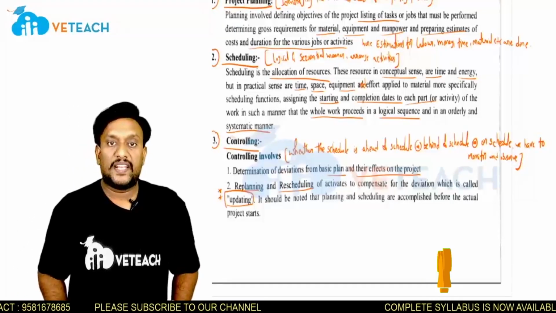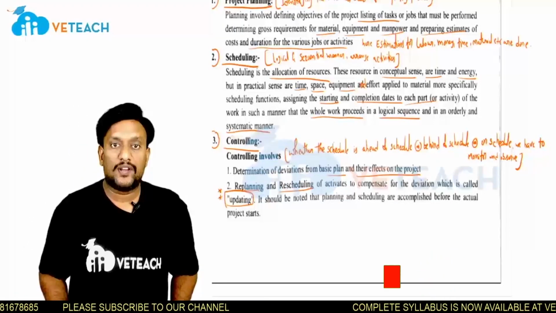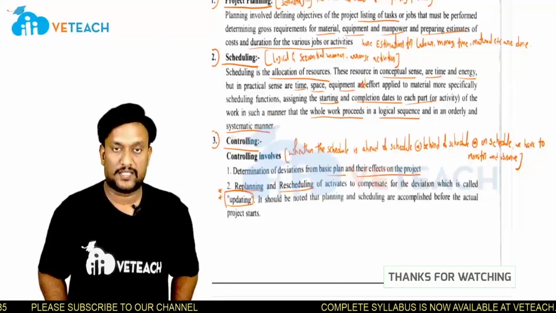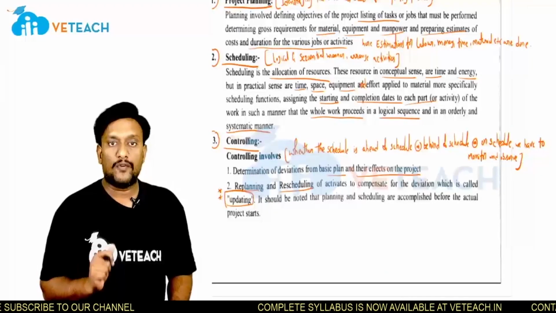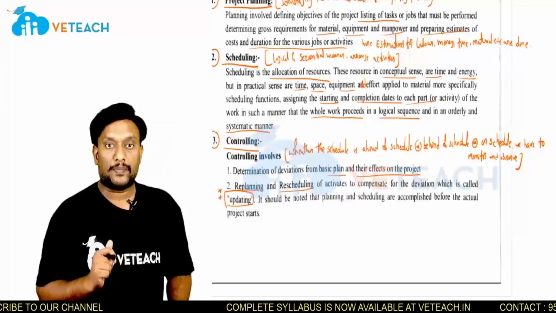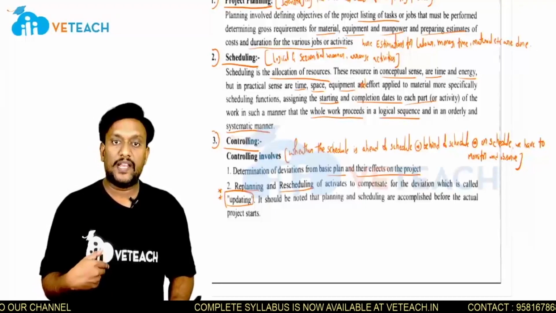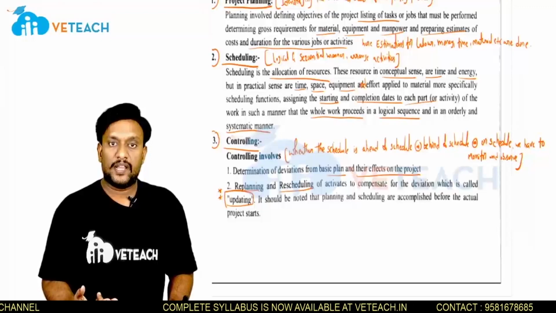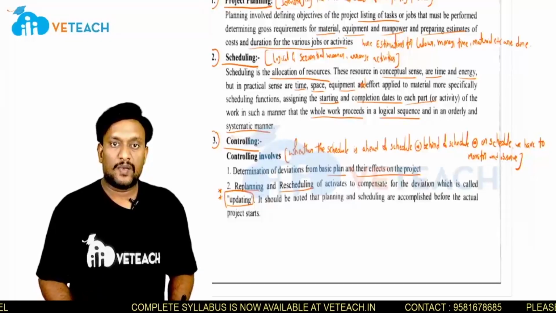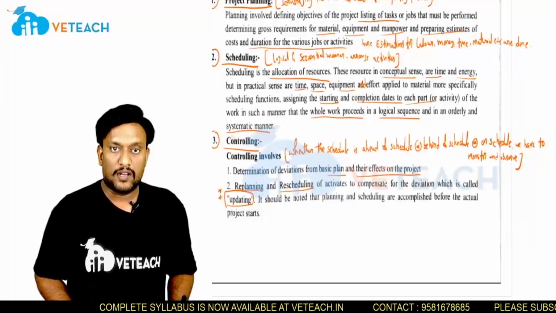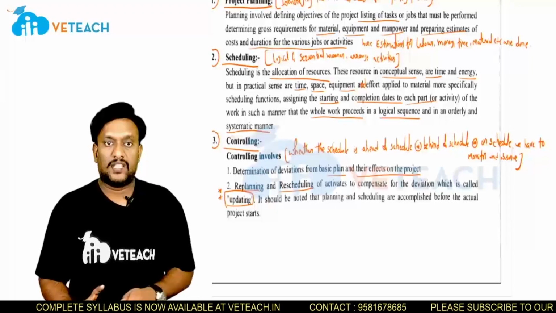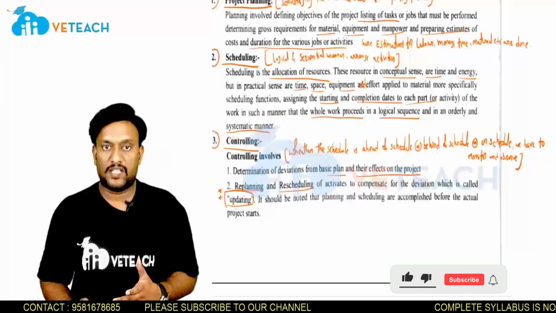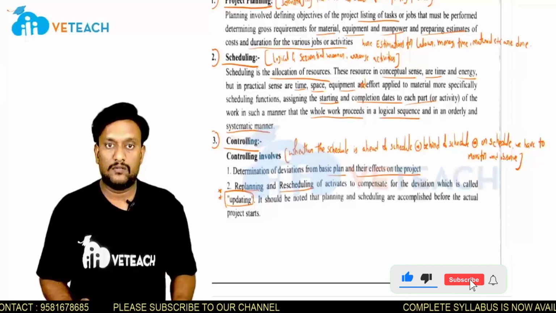Updating is done only during the controlling phase, where we do replanning and rescheduling. Why do we do the replanning, rescheduling or updating? There may be deviations, such as a labor strike, unexpected things like natural disasters or calamities, or insufficiency of available resources.